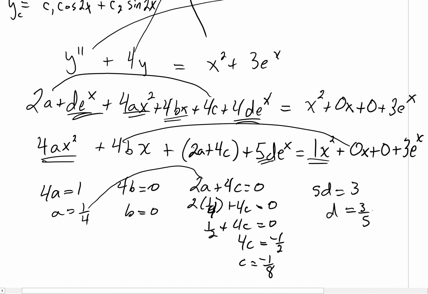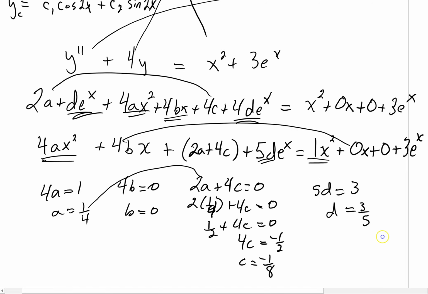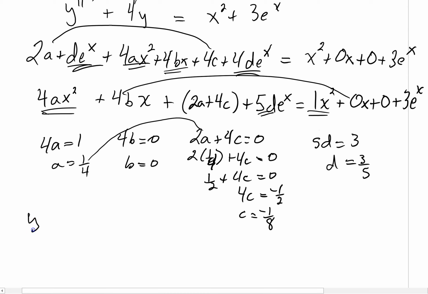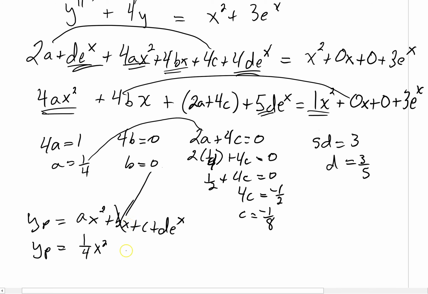Now, remember that our particular solution was, in fact, an ax squared plus bx plus c plus d e to the x. So this means we have 1/4 x squared. The 0 is going to wipe that out. The c is just going to be a minus 1/8.